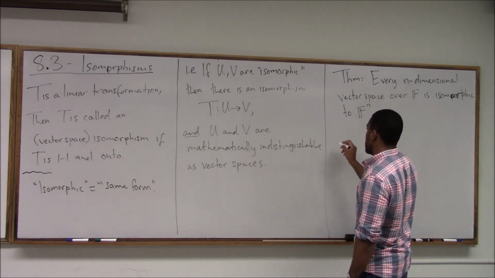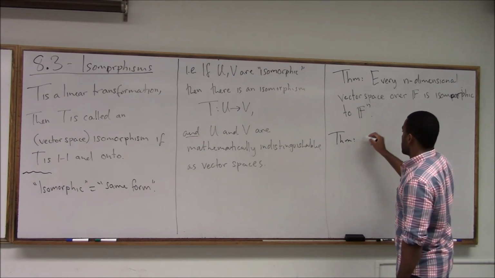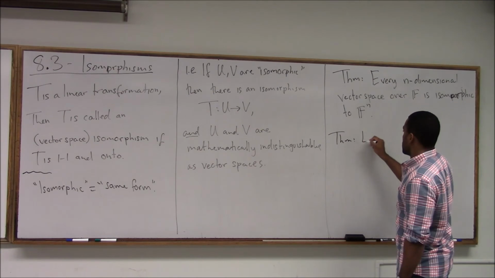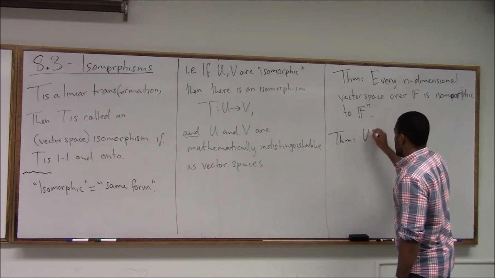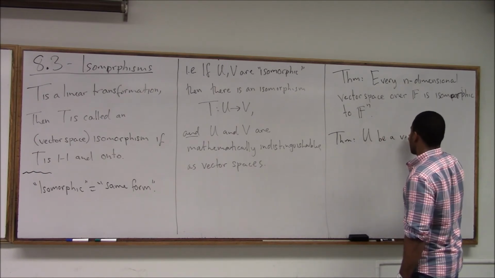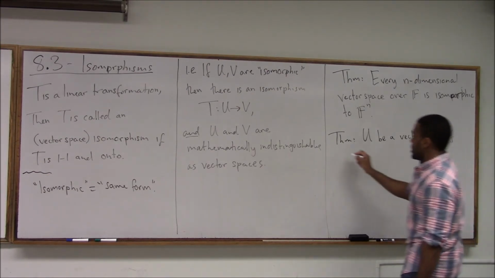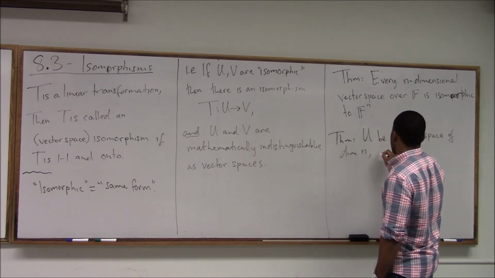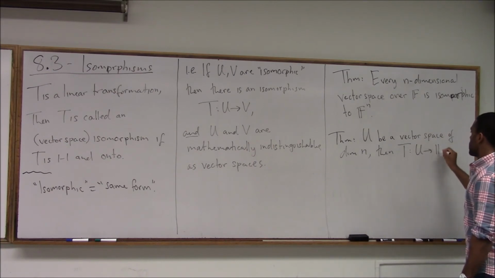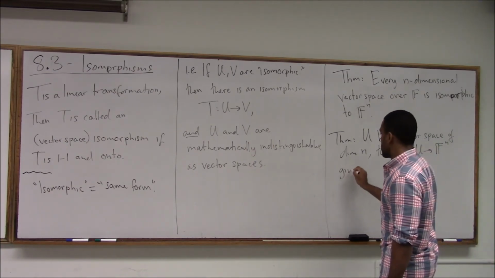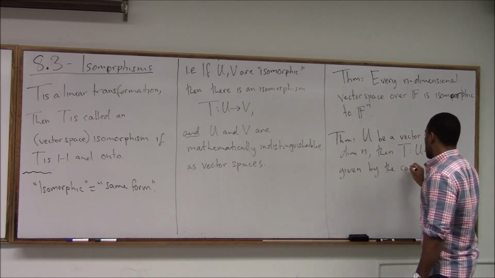In fact, we kind of know how. So let U be a vector space of dimension n, then T from U to Fn given by the coordinate map.